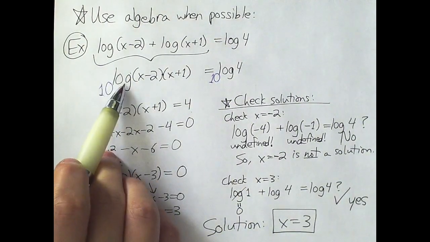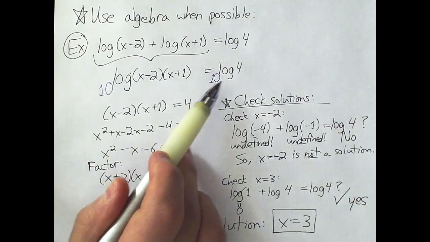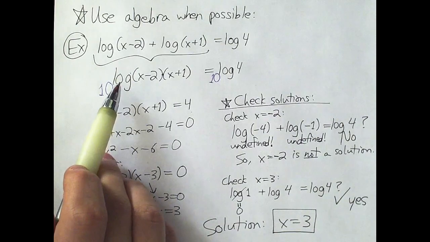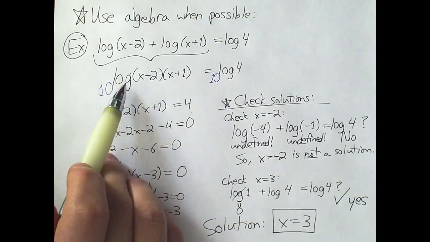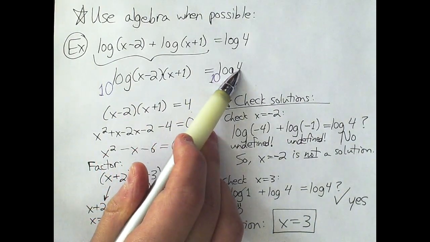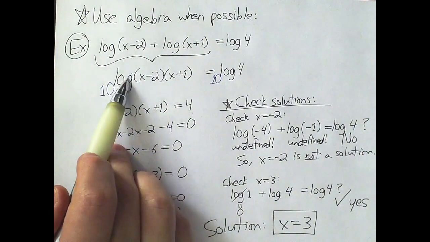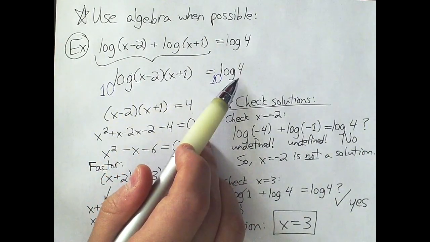In the second step, however, it would have been okay to cancel the logs because when you get to that step, you have log of something equals log of something. There's no plus, there's no third log, there's just log of something equals log of something.